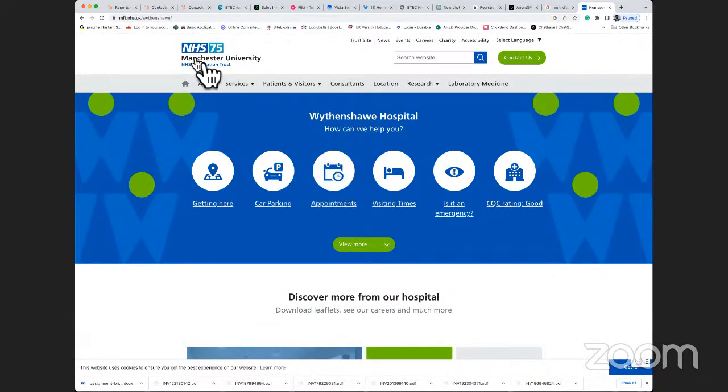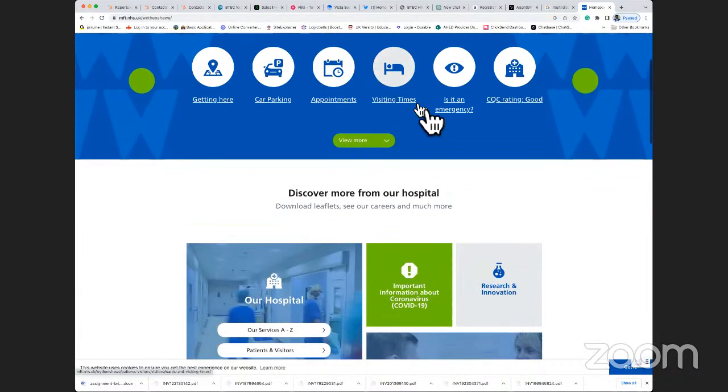As you can see, it says Manchester University NHS Foundation Trust. Now, the reason for this partnership is collaboration, making sure that staff being trained understand the practical aspects of delivering services to the patients.